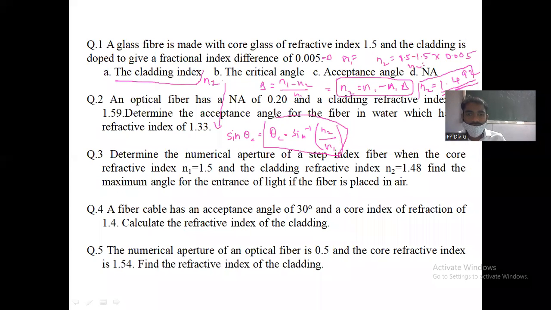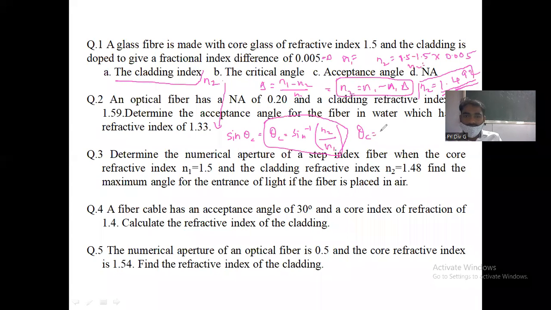We have already discussed it in total internal reflection: the critical angle theta c is equal to sine inverse N2 divided by N1. Yes or no? Yes. Okay. We have N2 and N1.